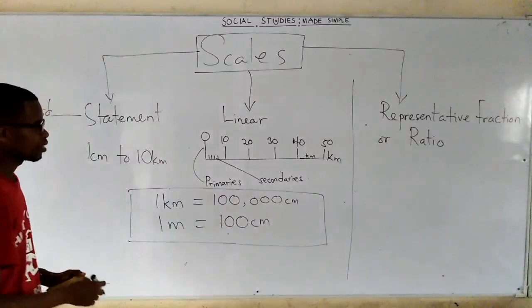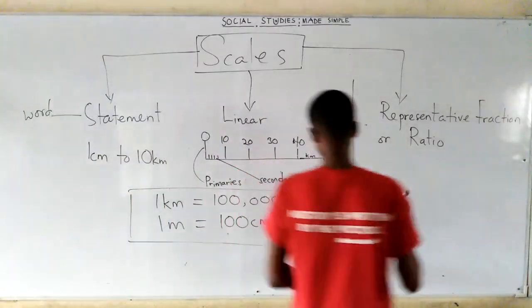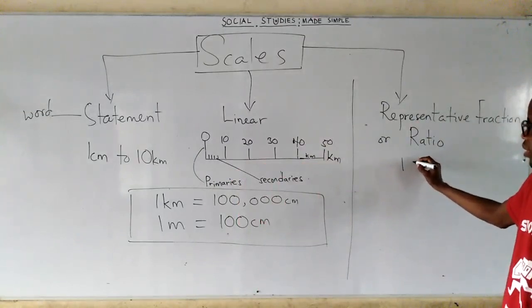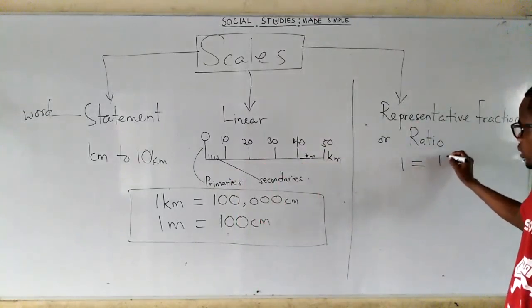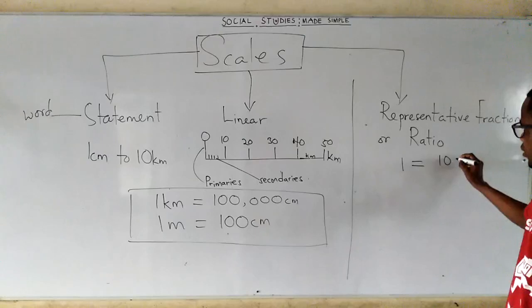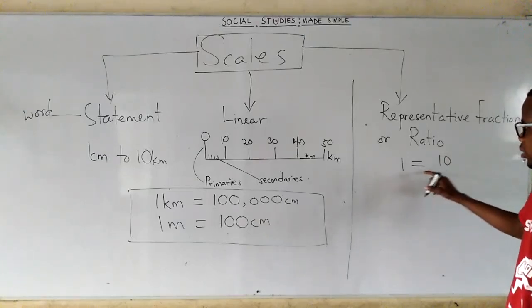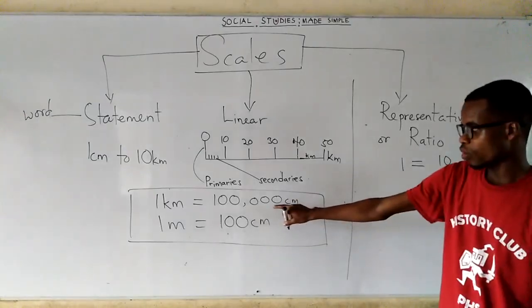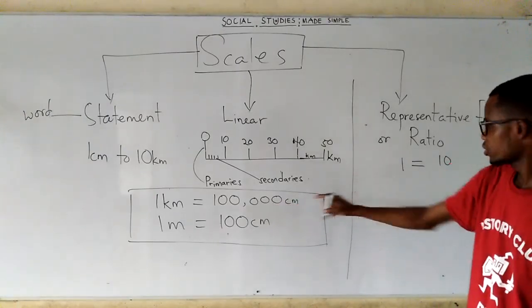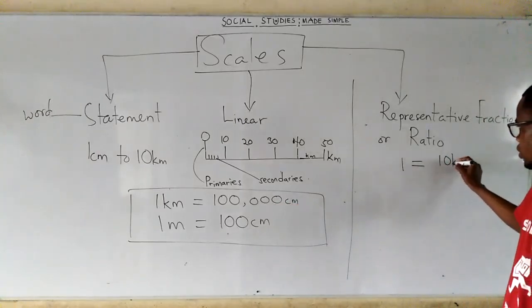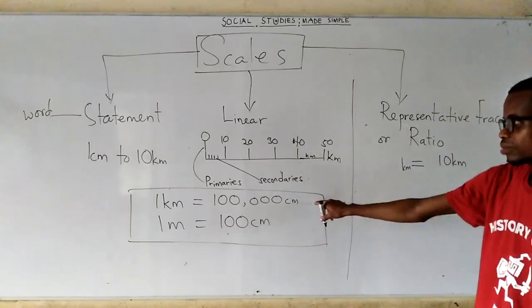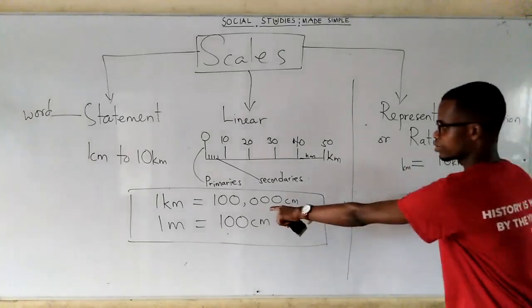So if I have 1 centimeter, which is equivalent to 10 kilometers, 1 is equivalent to 10 kilometers. And I want to convert and change this, which is in kilometers, to what? Centimeters.